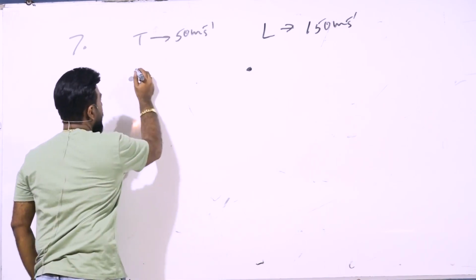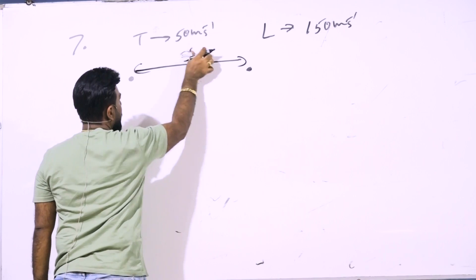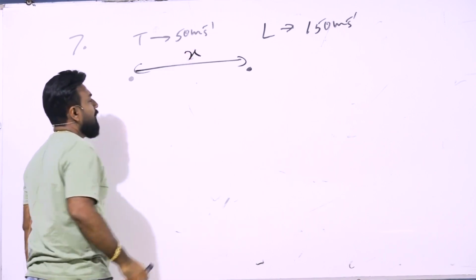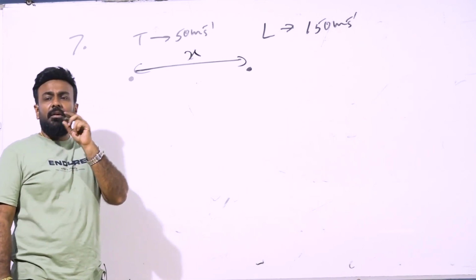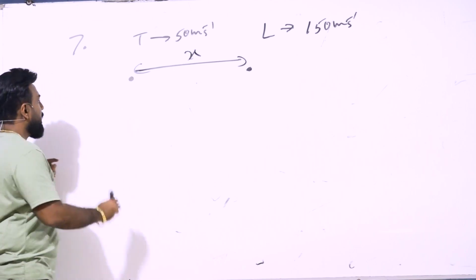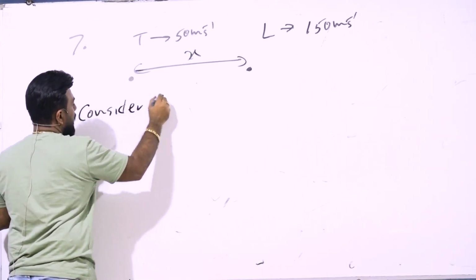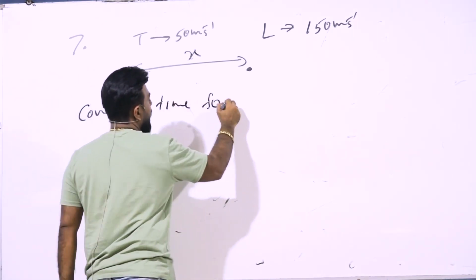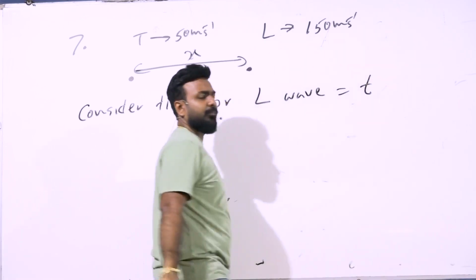My question is the distance between these two, x. Delta t is given. What is delta t? Time gap. So let's consider the time for the L wave equal t.